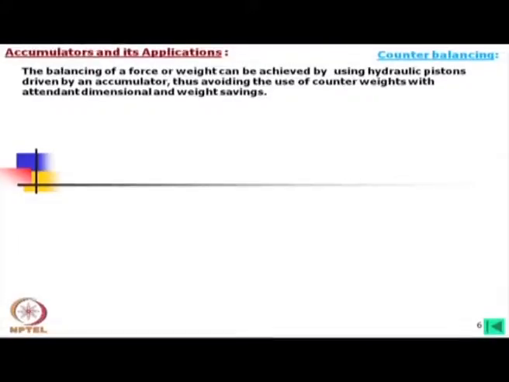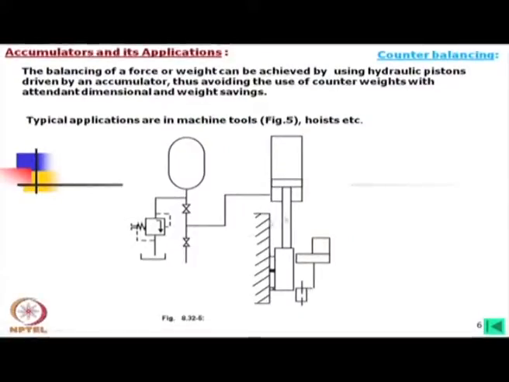Now, how does it work? The balancing of a force or weight can be achieved by using hydraulic pistons driven by an accumulator, thus avoiding the use of counterweights with attendant dimensional and weight savings. Now, this system looks like this.